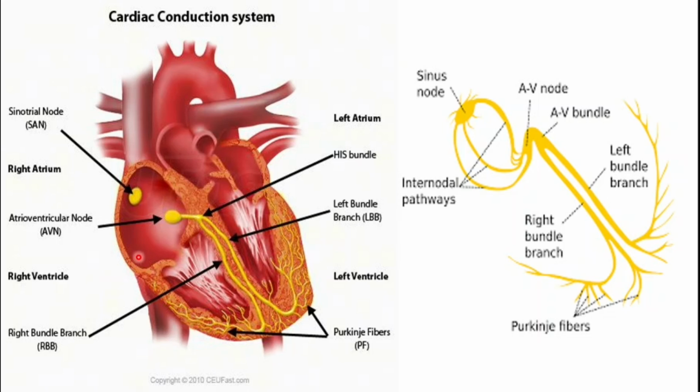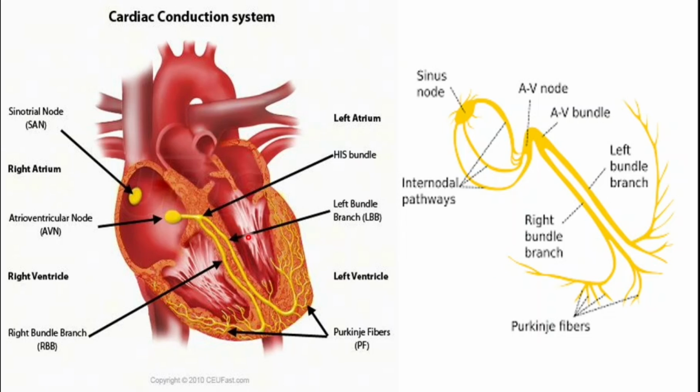And the timing at which first the atria are contracting and after that the ventricles are contracting, that timing is maintained by this cardiac conduction system, by the SA node and by the AV node.